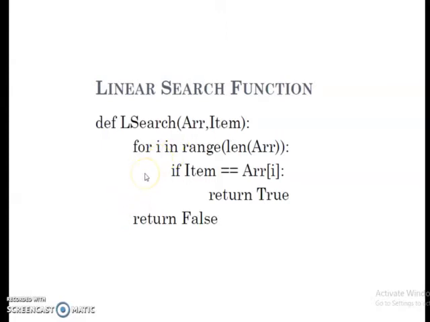Then you can check all the elements by using a for loop: for i in range(len(arr)). The loop will run from 0 to the length. Then if item is equal to arr[i], that means the item is compared with each element of the array. If the condition is true, then it returns true. That is, if any of the conditions is satisfied, it returns true, otherwise it returns false.